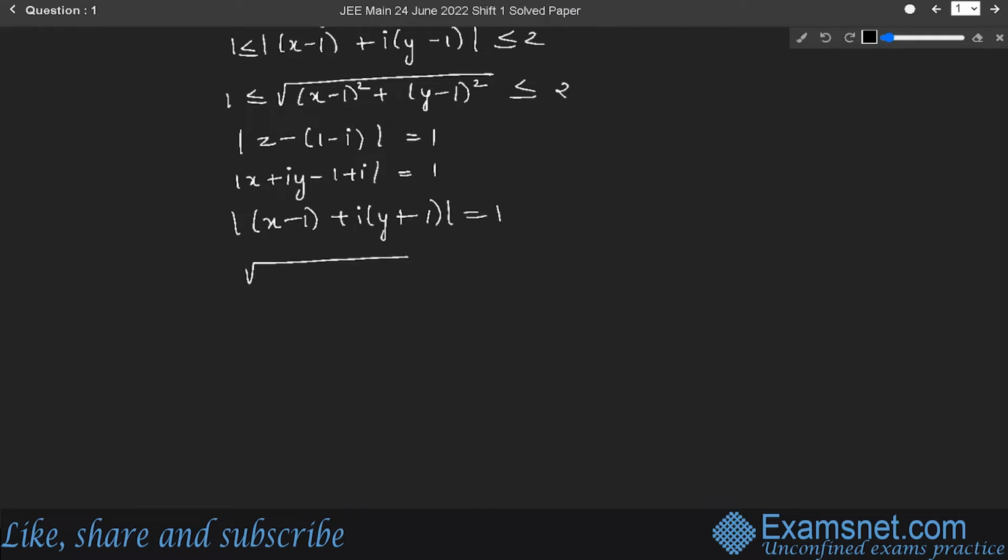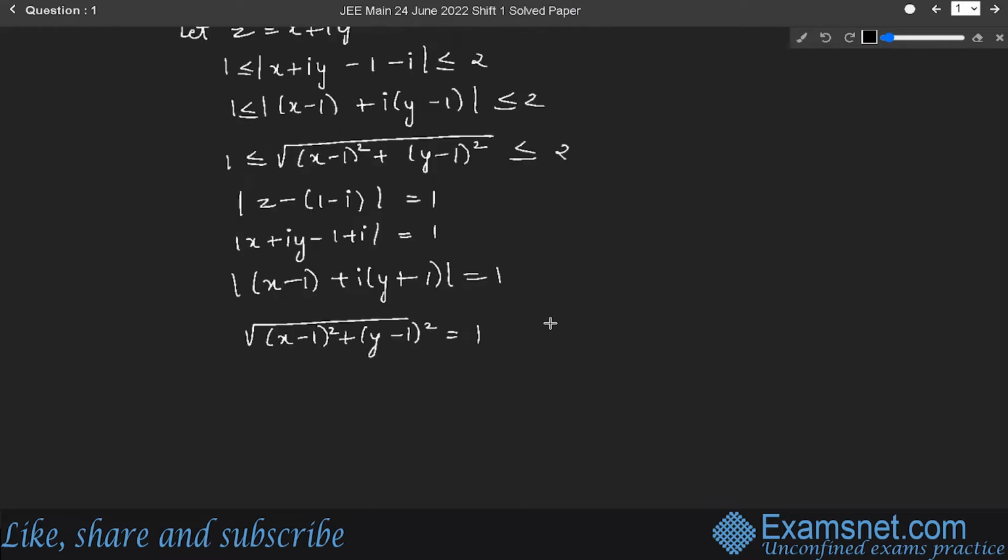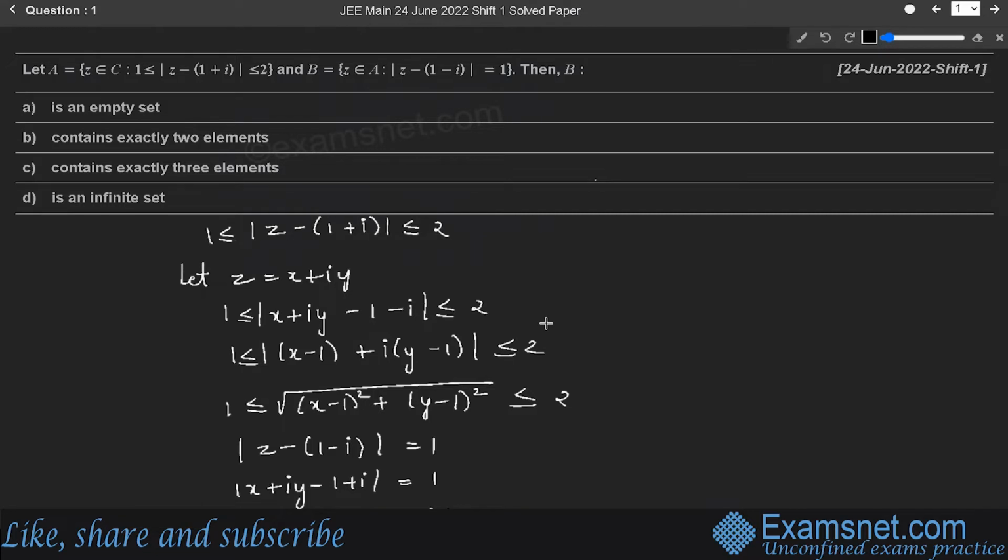Therefore, the square root of (X minus 1) whole square plus (Y plus 1) whole square will be equal to 1. This represents a circle with center at (1, minus 1) and radius equal to 1. Therefore, we can say that B will be an infinite set. So the correct option here is option D, which is an infinite set.